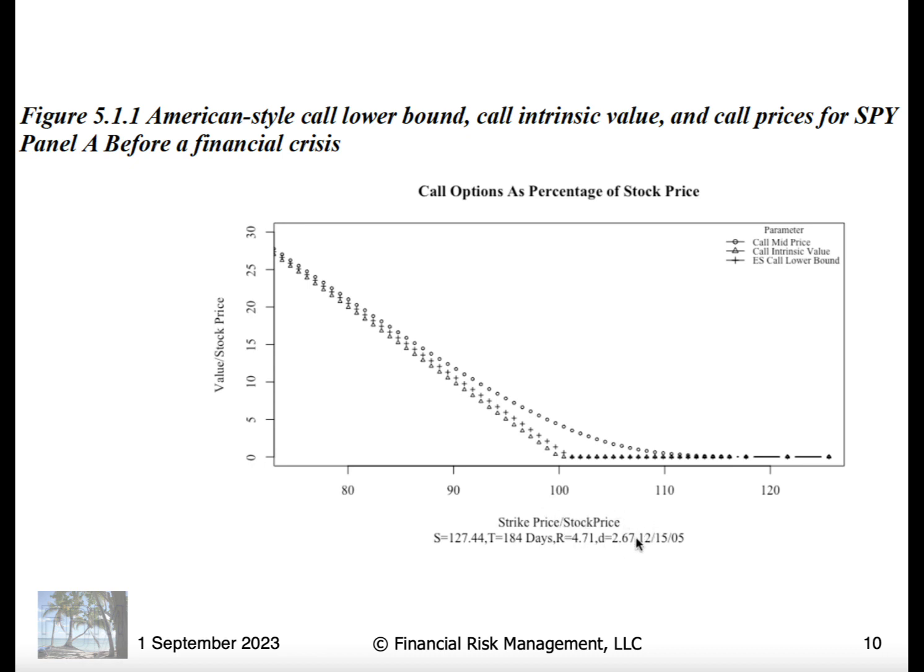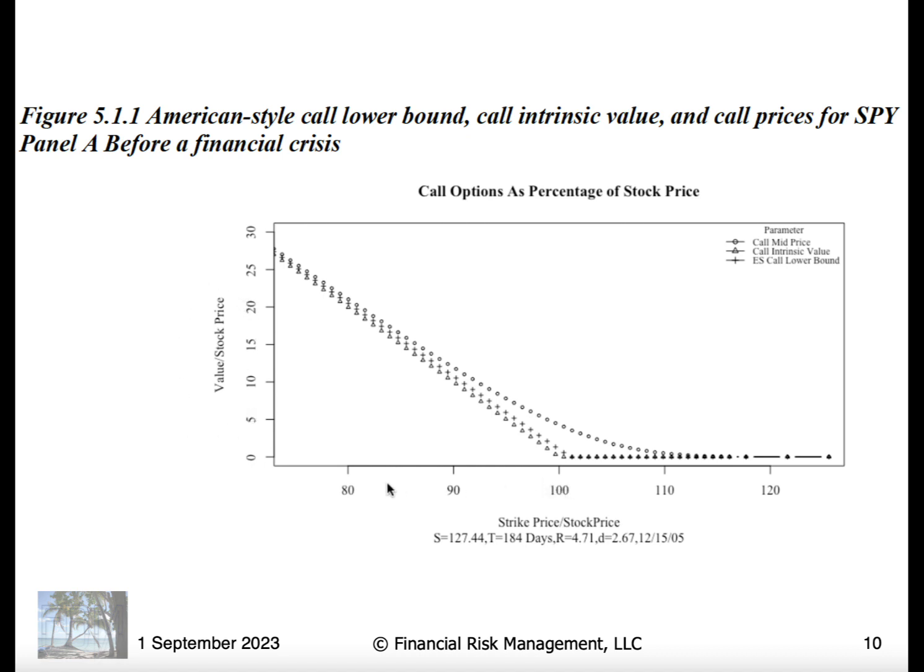On this particular December 15th, 2005, we have a variety of different strike prices. If we normalize it by the stock price, it gives us an easy ability to compare different dates. And notice that the call price is normalized by the stock price also.